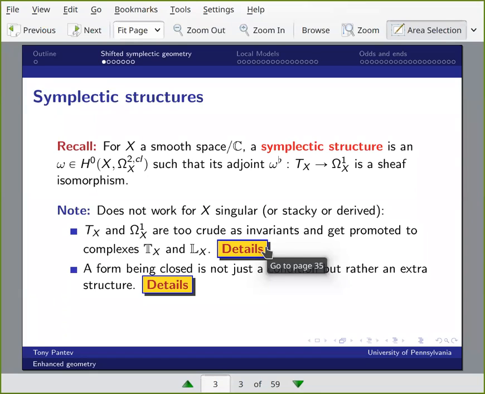Is there in general any relation between tangent and cotangent, or do you need... you mentioned that sometimes they can be just dual to each other. Yeah, right. If the object is not smooth, there is a priori no relationship between them.